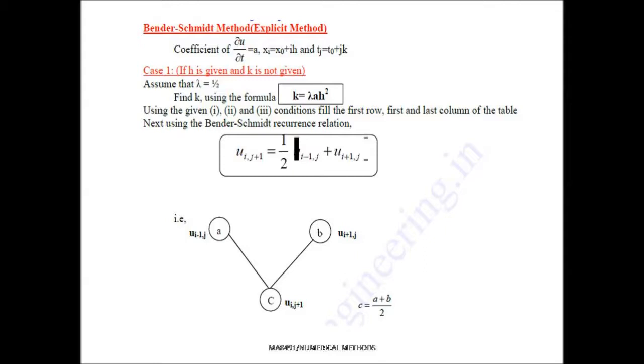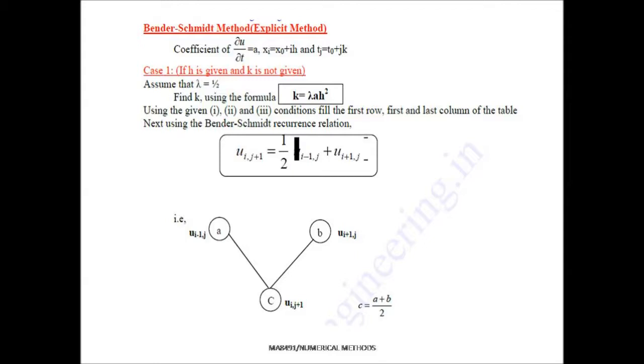we are going to fill the first row, first column and the last column of the table using the formula given in the video: u(i, j+1) = 1/2 [u(i-1, j) + u(i+1, j)].